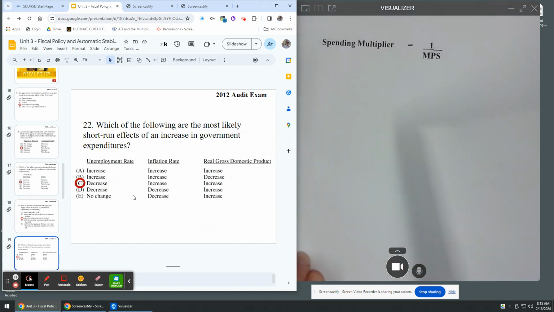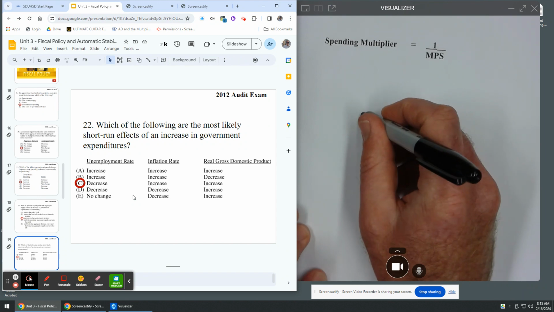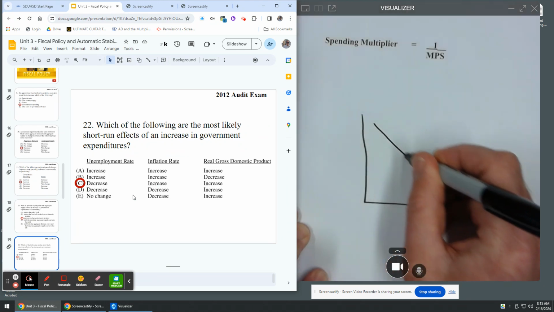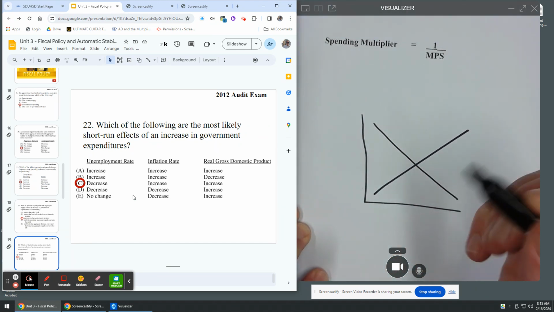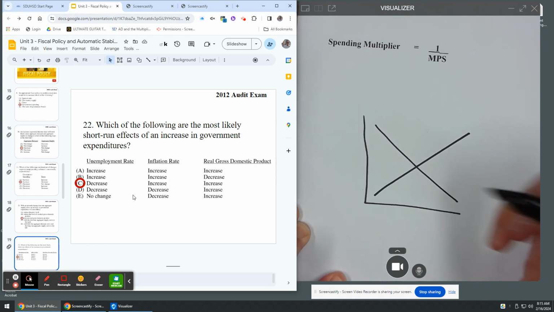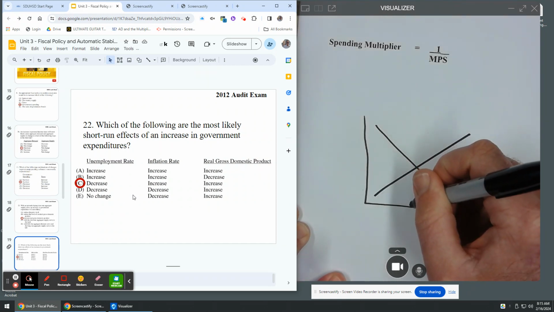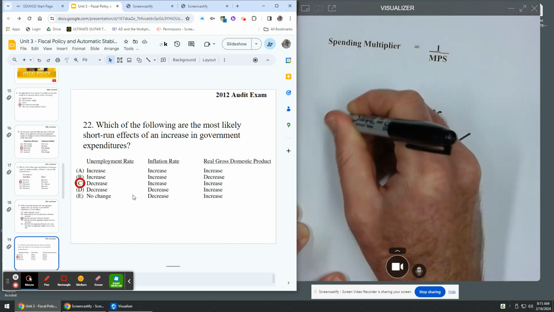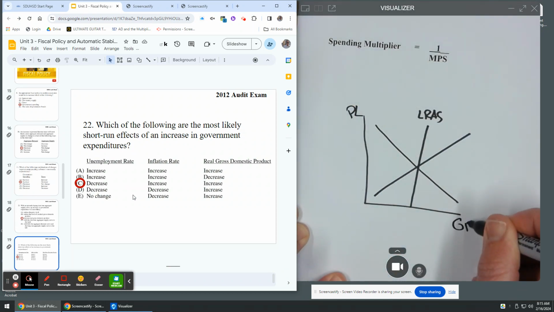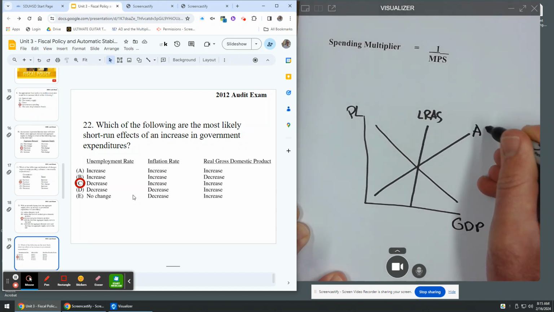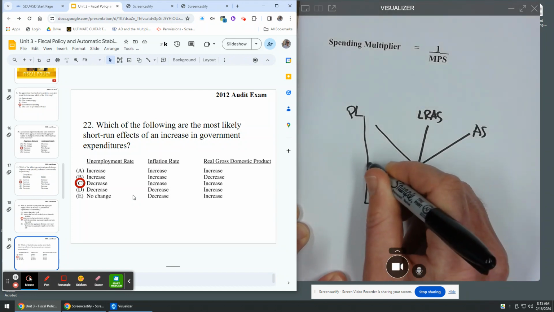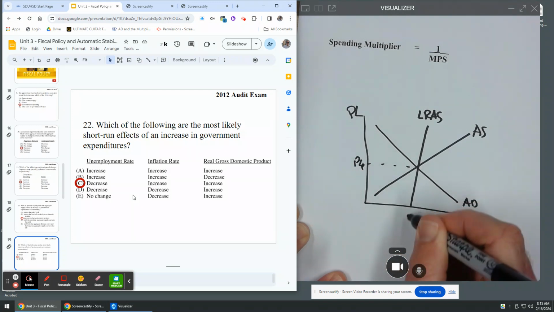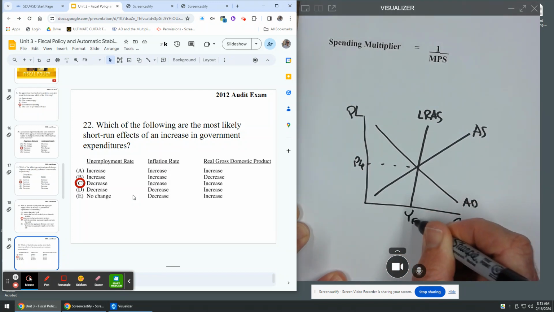Well, I'll just redraw it again. They didn't say the state of our economy, but let's just put the long run in here as a frame of reference. Price level, our GDP, AS, AD, price level at equilibrium, YF.